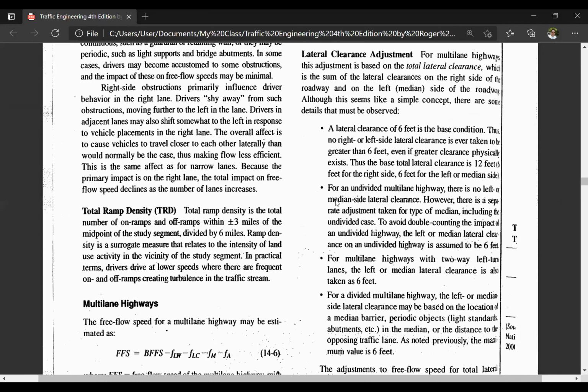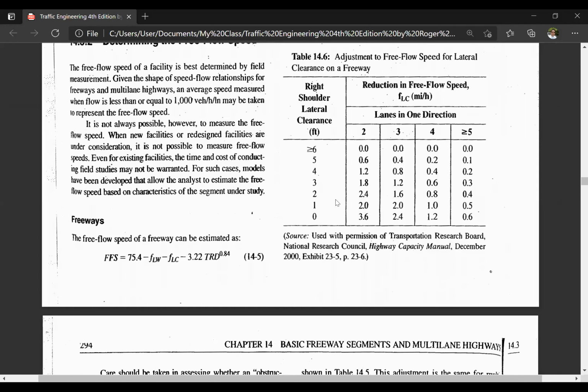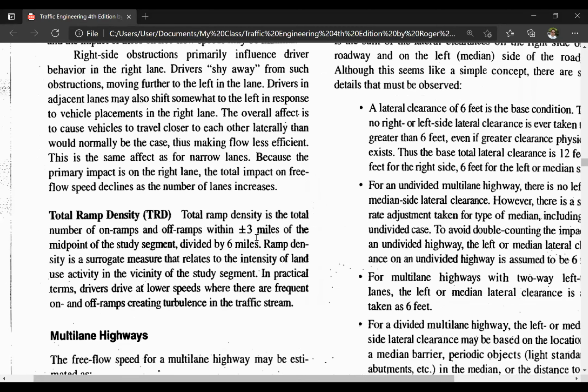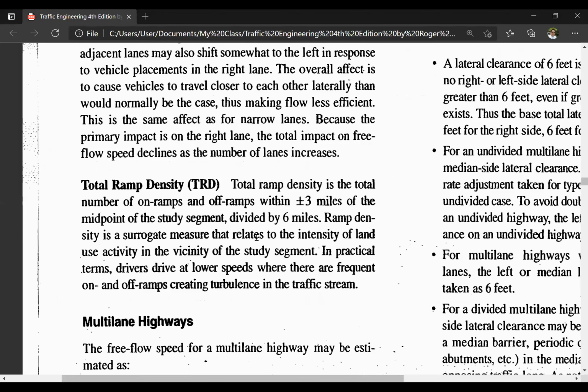For the TRD, the last part is the total ramp density. The total ramp density is the total number of ramps, on ramps and off ramps, within 3 miles of the midpoint of the study segment, divided by 6 miles. Ramp density is a surrogate measure related to the intensity of land use activity in the vicinity of the study segment.